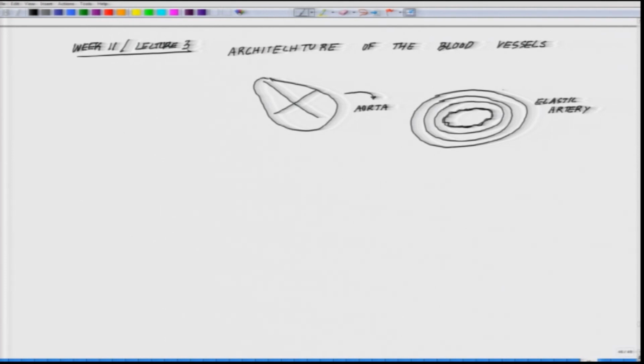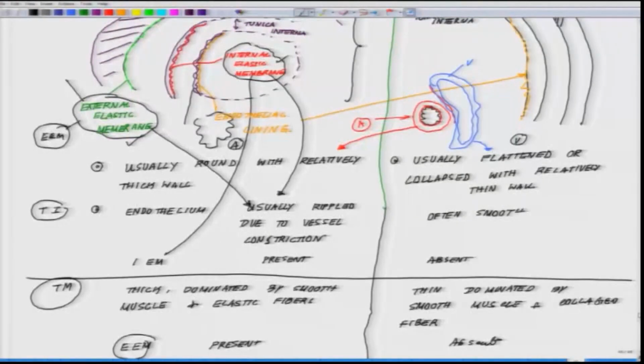Okay, so this is tunica externa, tunica media, tunica interna, and in between, of course, you have external elastic layer and internal elastic layer, what I have already shown you. Okay, see this one, which is the endothelial lining, and here you have the internal elastic layer, you have the external elastic layer.